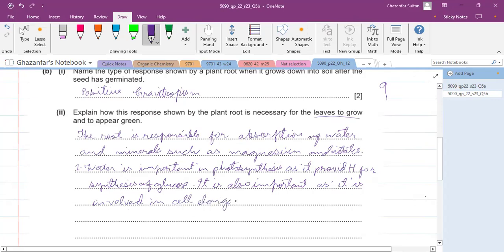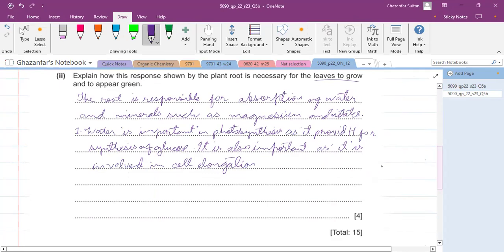You have learned how the cells elongate and increase the size of the leaf and other tissues.